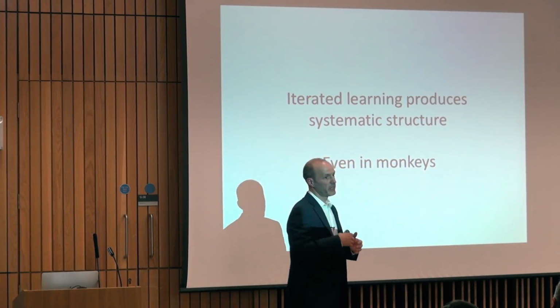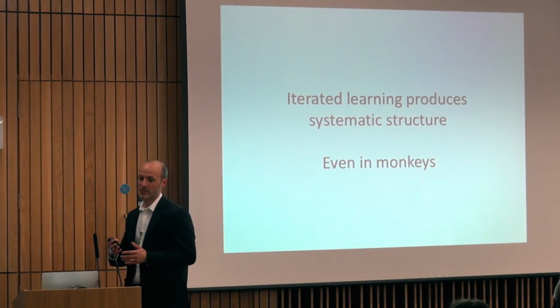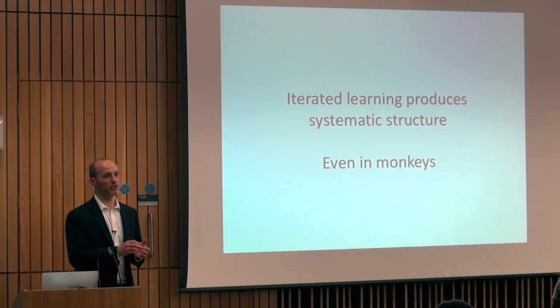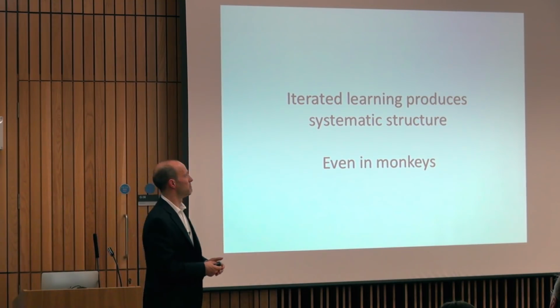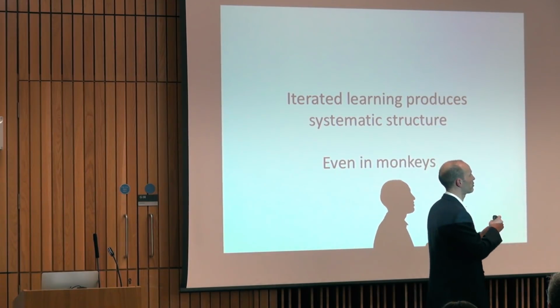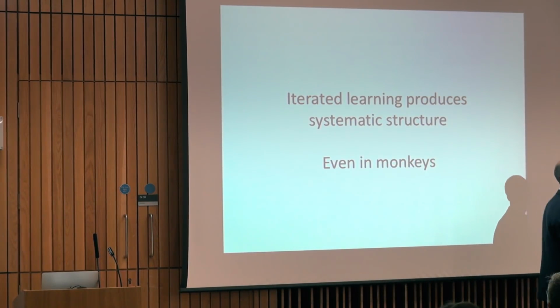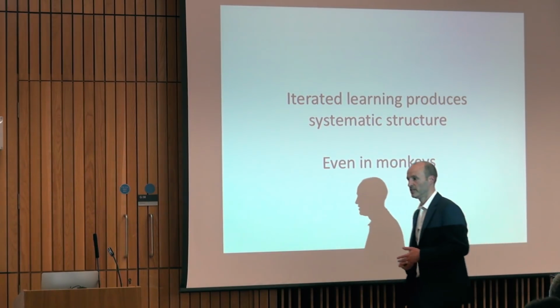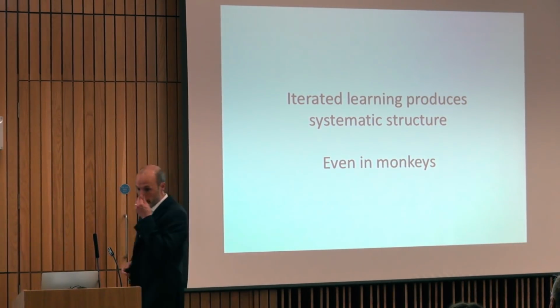So iterated learning produces regular systematic structure, happens in humans, and we can show it, and it turns out it also happens in monkeys. So the emergence of structure is not dependent on uniquely human structure building capacities. It emerges as soon as you facilitate the transmission of structurable behaviors from individual to individual.